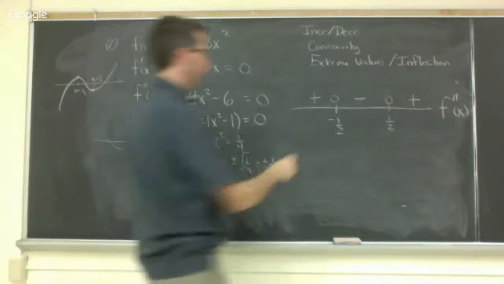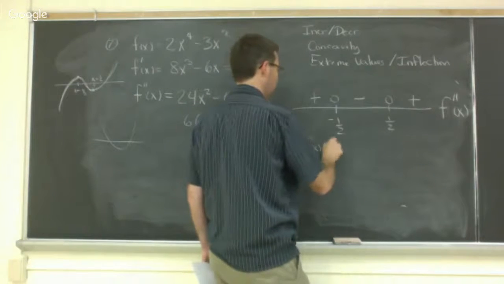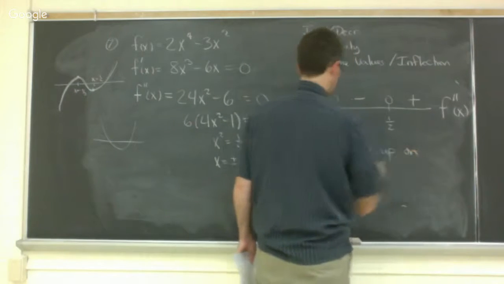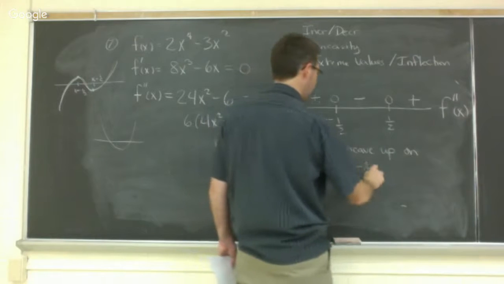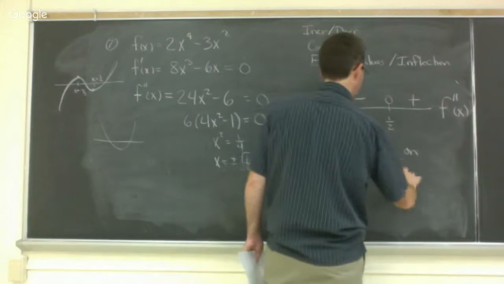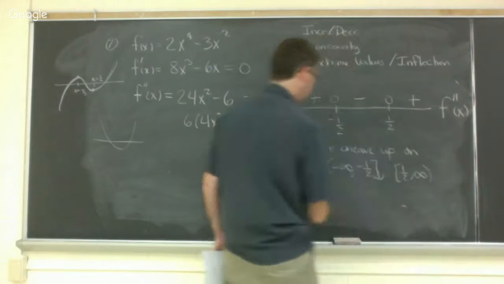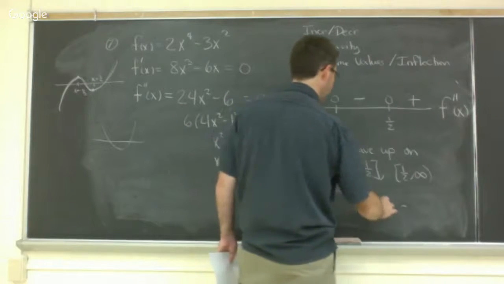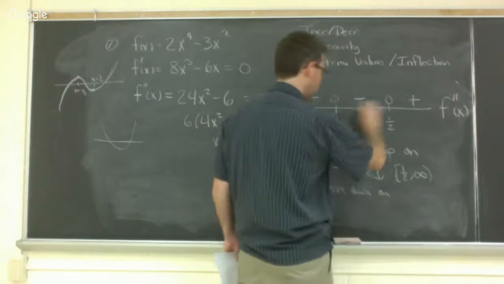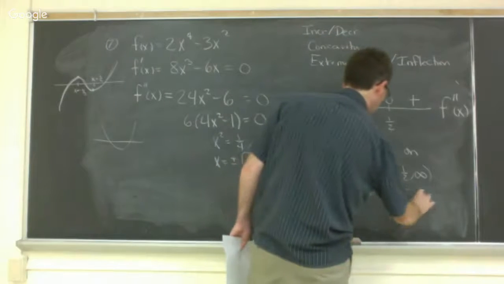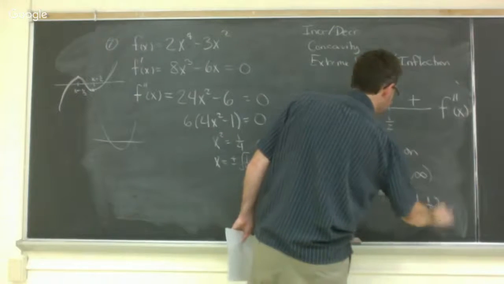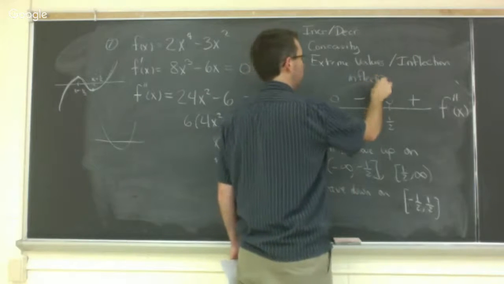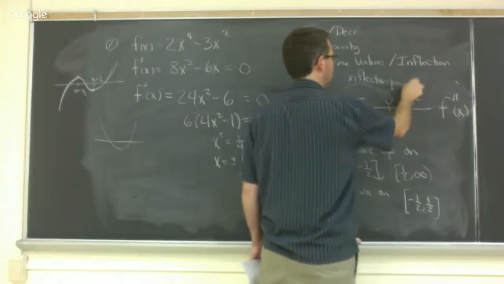And so I know that my original function is concave up on the interval minus infinity to minus a half, and a half to infinity, and I'm concave down on the interval between minus a half to a half, and both of these points are inflection points.